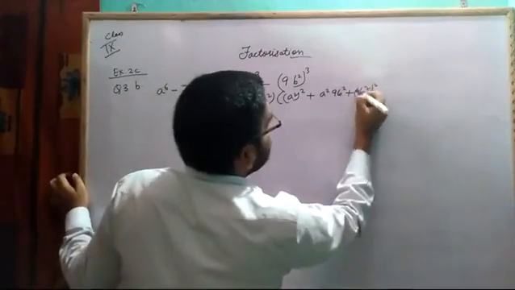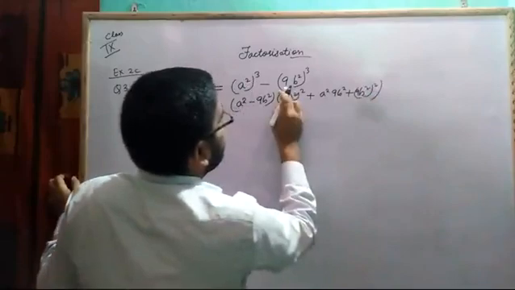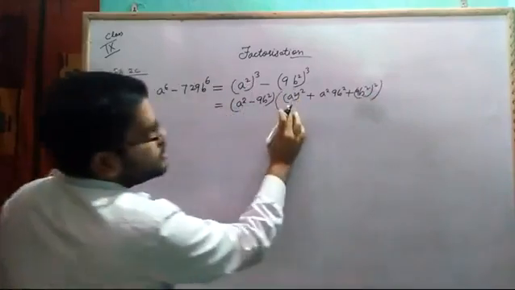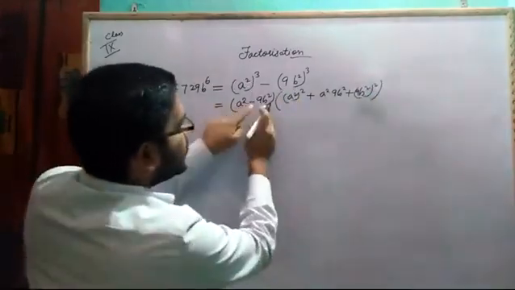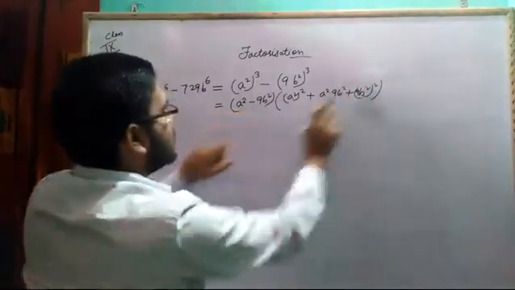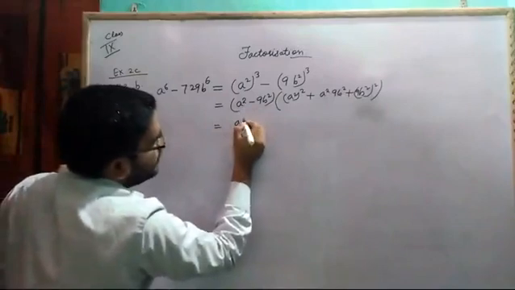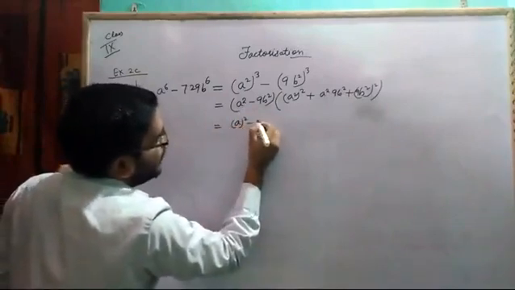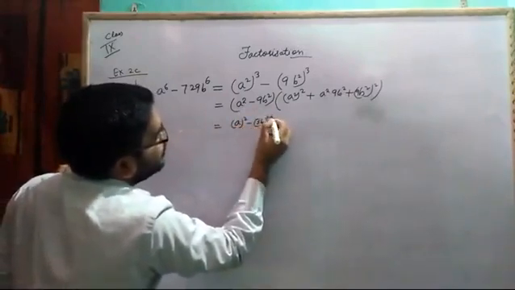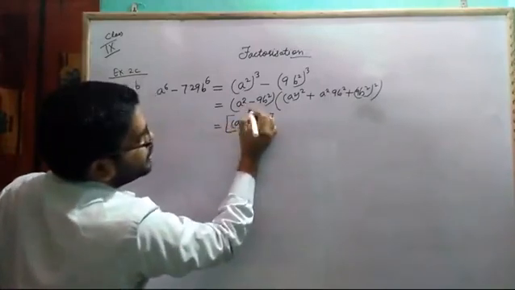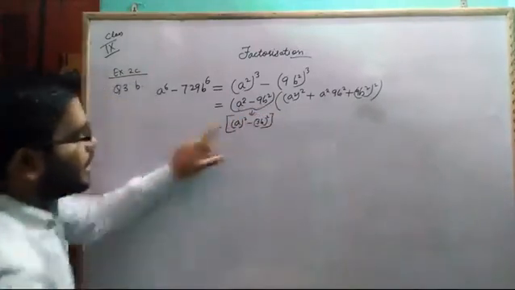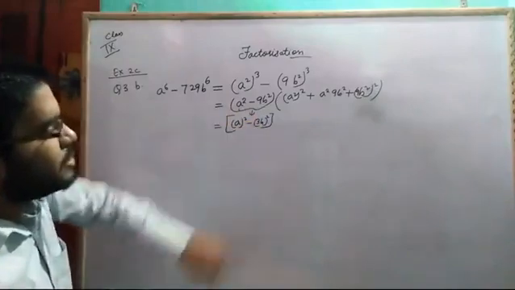The second term is (9b) whole square. First term square, first term into second term, and then second term square. Now what can we write? I can write this as (a square minus (3b) whole square). This particular term I can write like this: a raised to the power square, 3 3s are 9, b square.